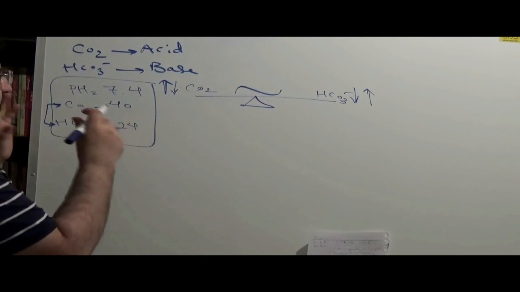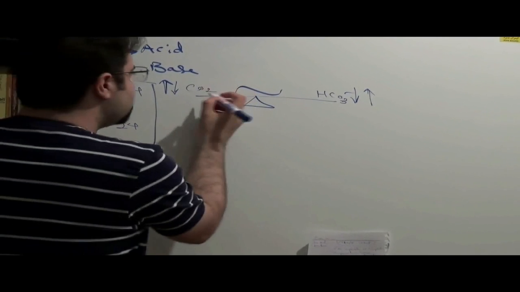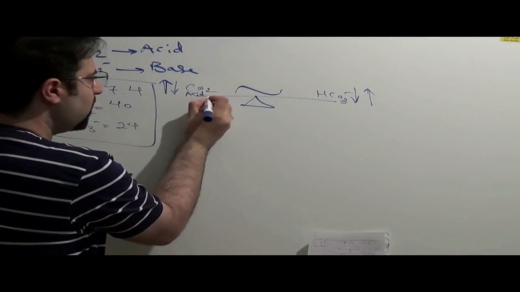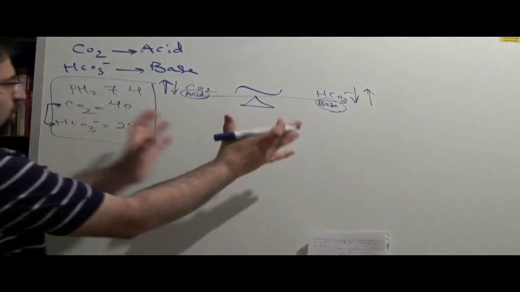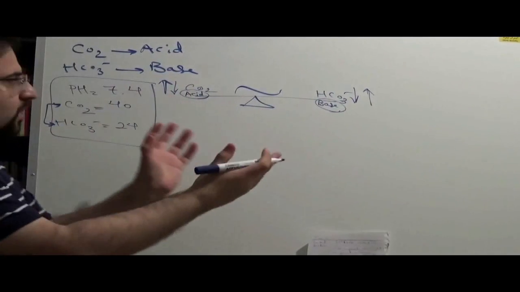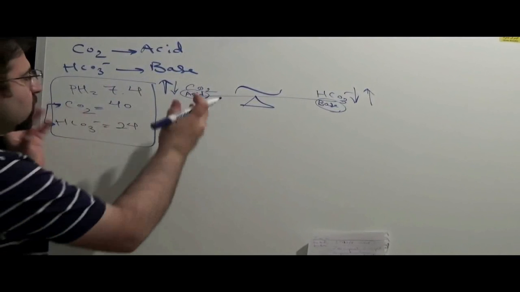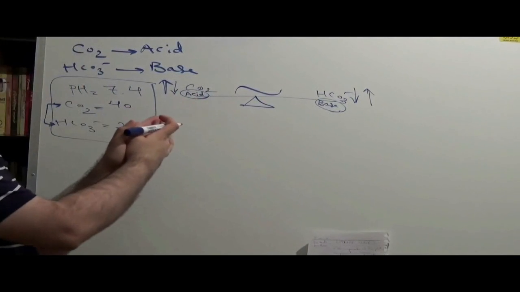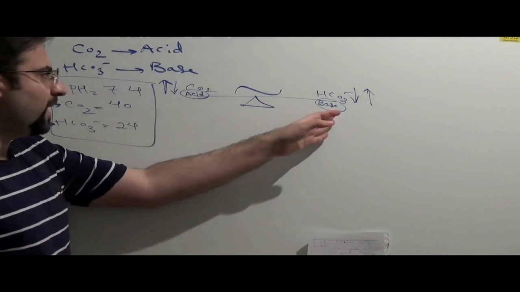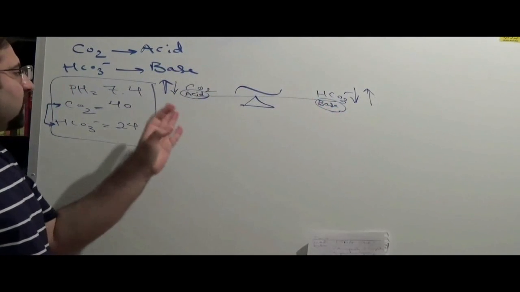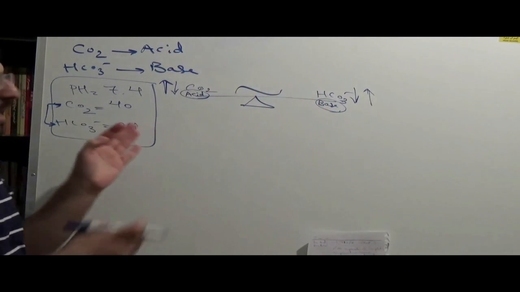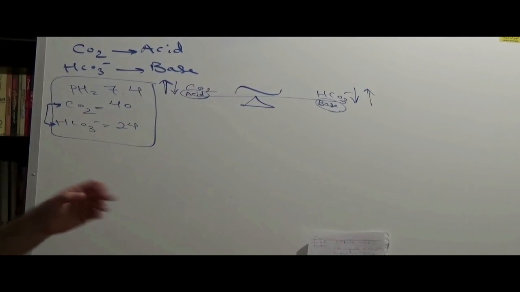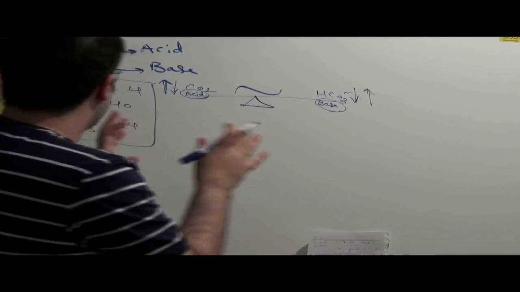For example, if CO2 is increasing in the body, as we said, CO2 is acid in our body and this one is base, and the body tries to make these two equal. So when we lose acid, body tries to lose base, and when there is an increase in acid, body tries to increase the base to make it again equal. I guess I'm clear here. I hope so.